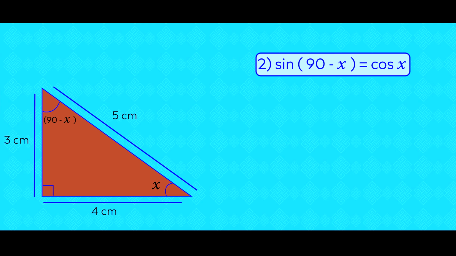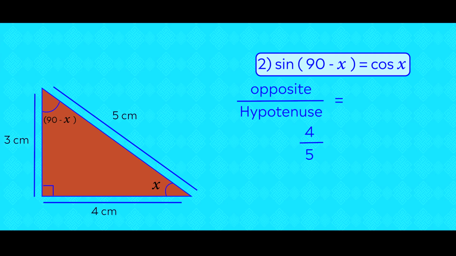So we will use the formula for sine of x, that's given by opposite divided by hypotenuse. We already know that with reference to angle 90 - x, our opposite side length is 4 centimeter and our hypotenuse is 5. So upon substitution, we get 4 over 5 in the left-hand side of the equation.